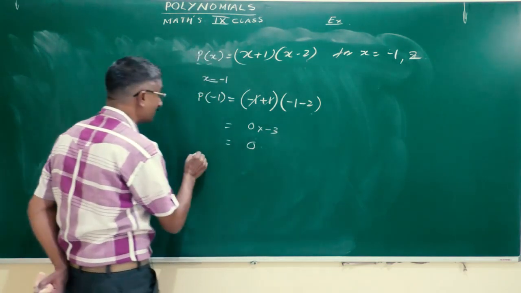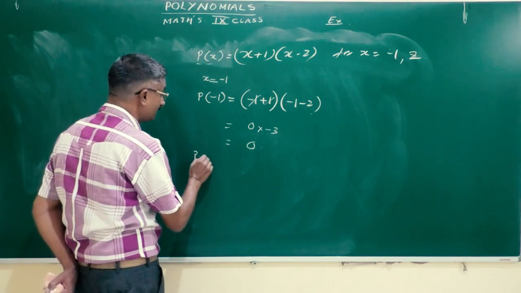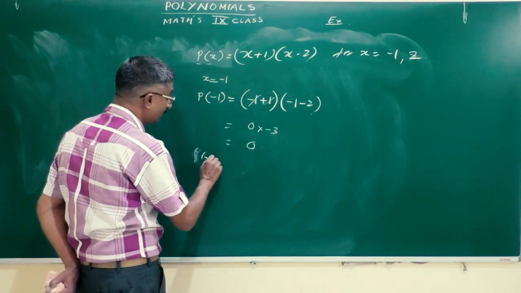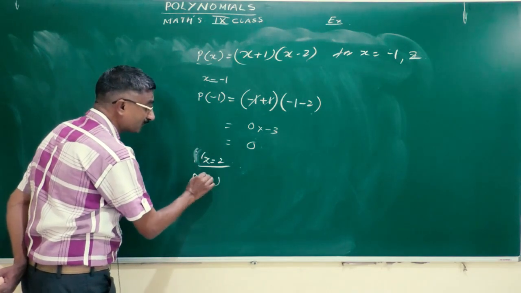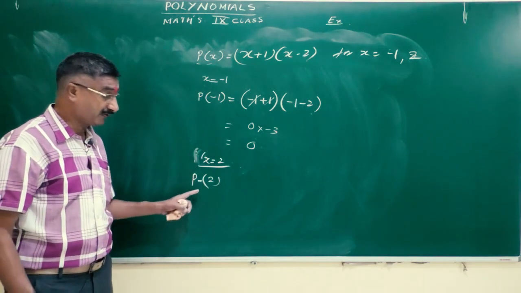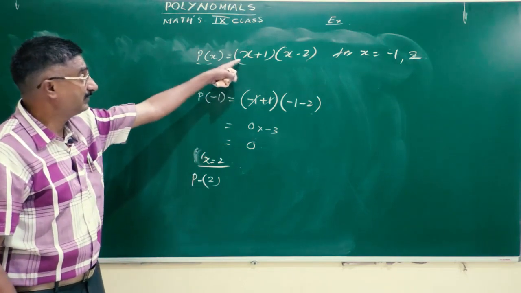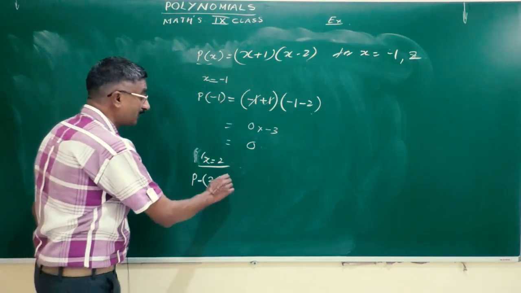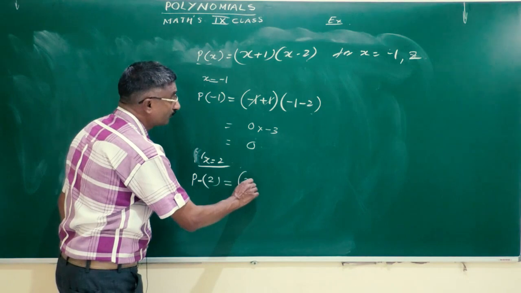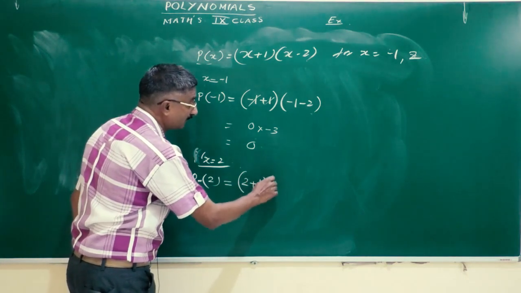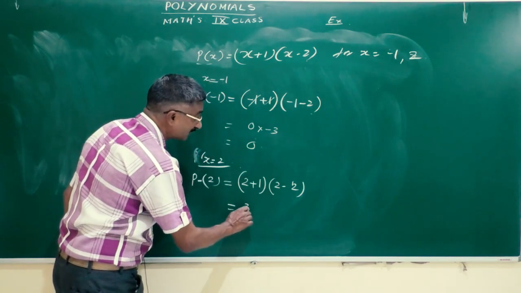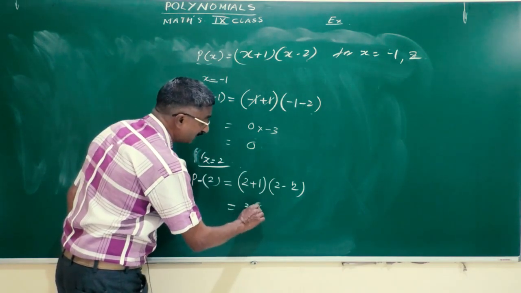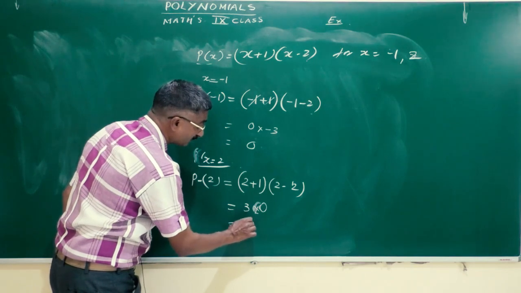This is the first part. Second, x is equal to 2. So P of 2, substituting the value of x is equal to 2. So that is equal to 2 plus 1 into 2 minus 2. So 2 plus 1 is 3 and multiplied by 0. So this is equal to 0.